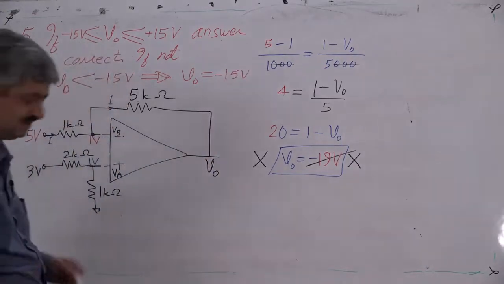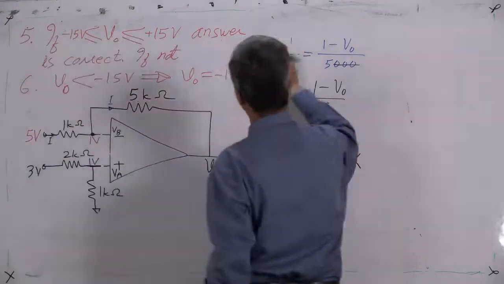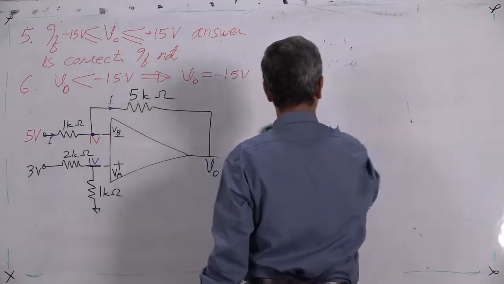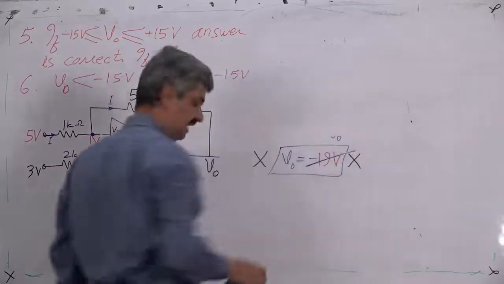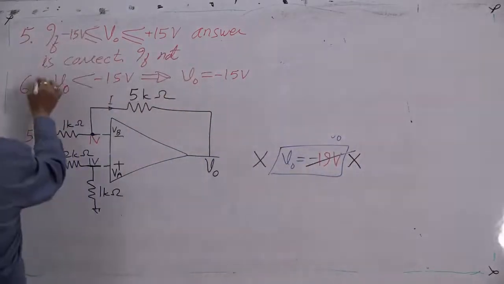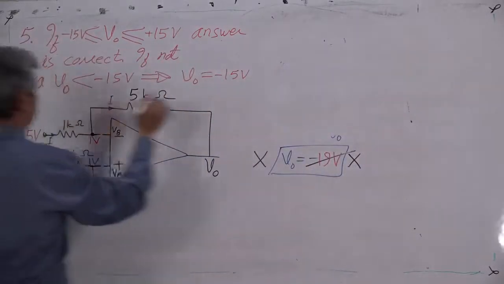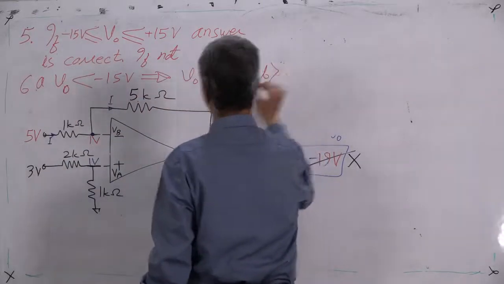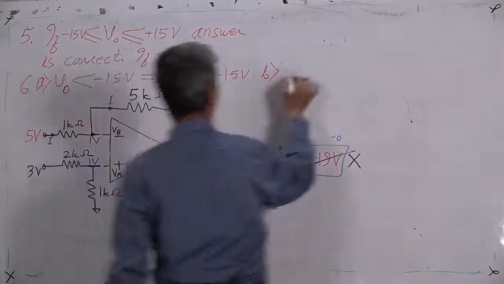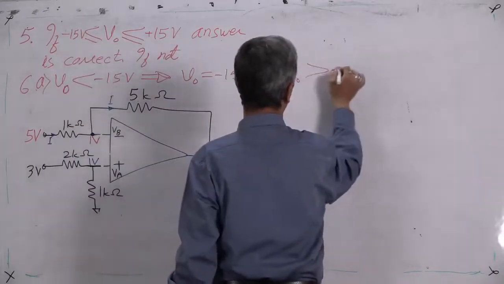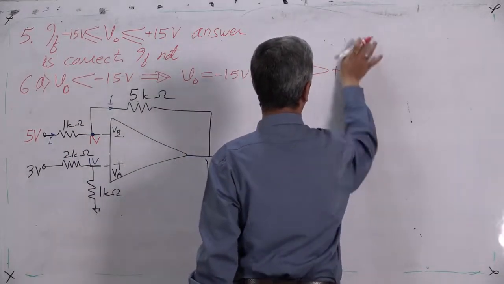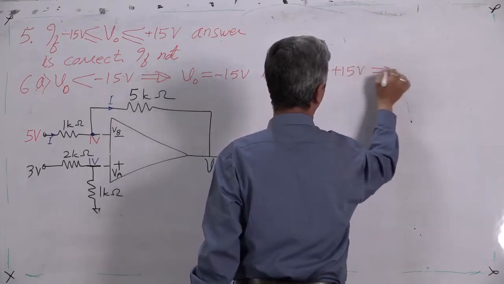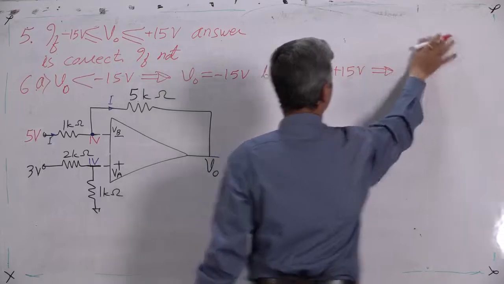That is 6A. Or 6B, if VO is greater than plus 15, make it plus 15.